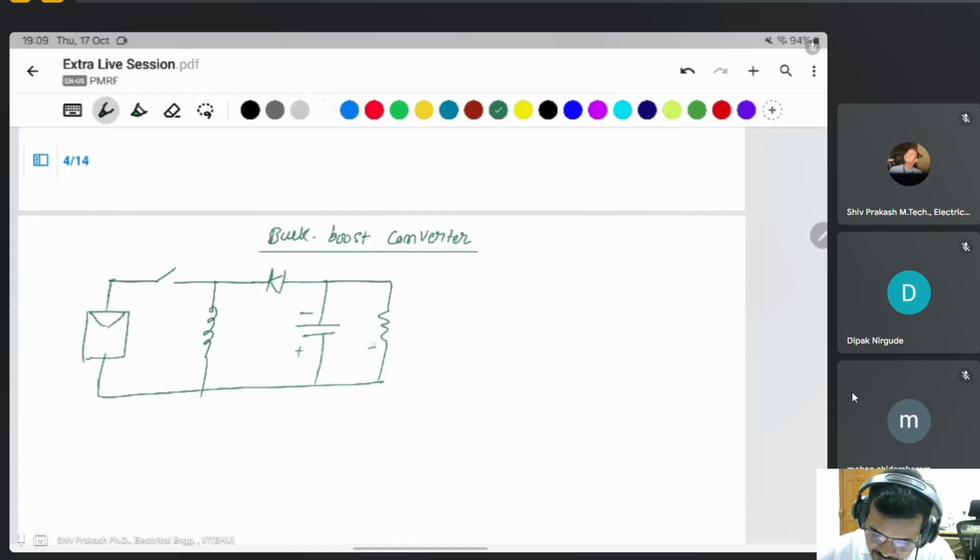Here a negative is taken, that's why the output voltage will be positive in the expression.